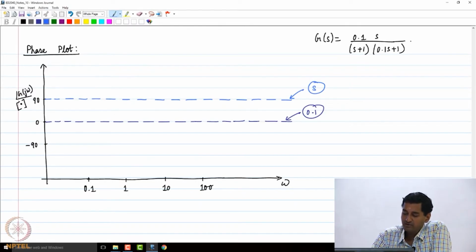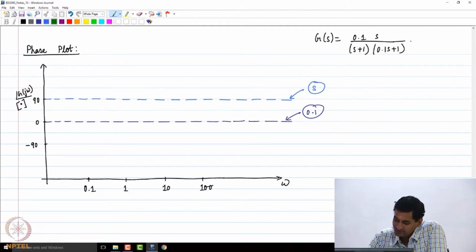If you recall, the low frequency value is 0, it has a phase of minus 45 degrees at the corner frequency of 1, and then it tends to minus 90 degrees as omega tends to infinity. That is the phase plot of 1 by s plus 1. So, that is what I am going to plot.